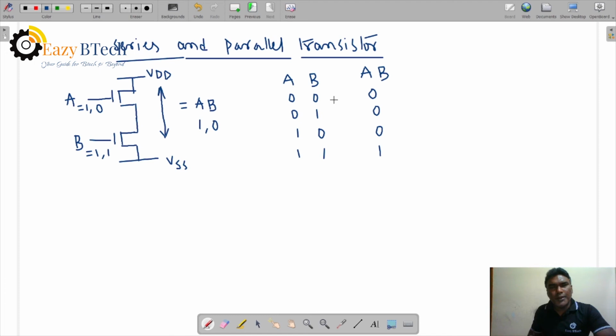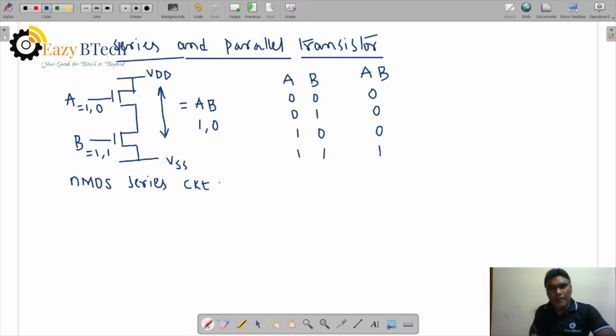So it is an AND logic implementation. NMOS are series connected. This is the NMOS series circuit. Let us see the next one.